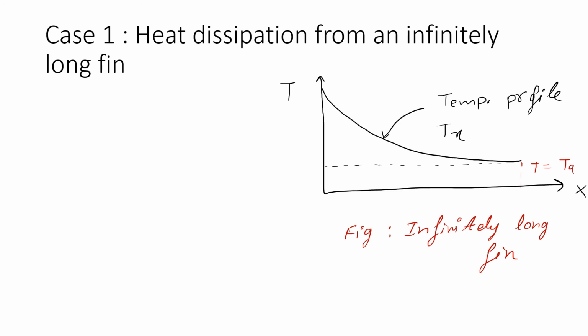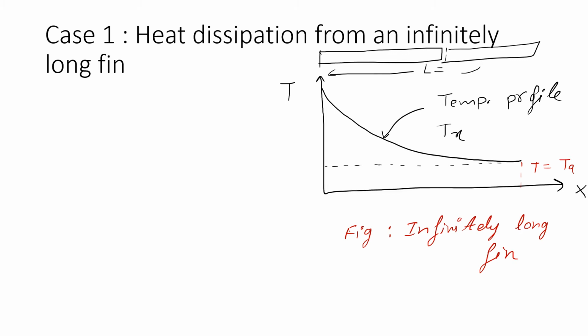First case is heat dissipation from an infinitely long fin. So suppose we have a fin which is infinitely long. Suppose this is our fin, and here the length is till infinity. I have drawn the temperature profile.